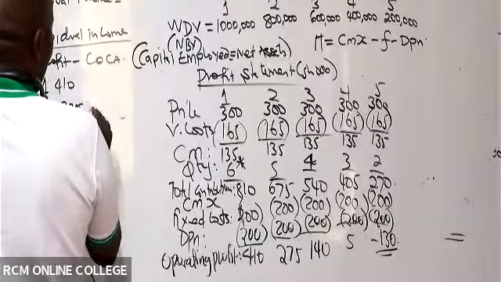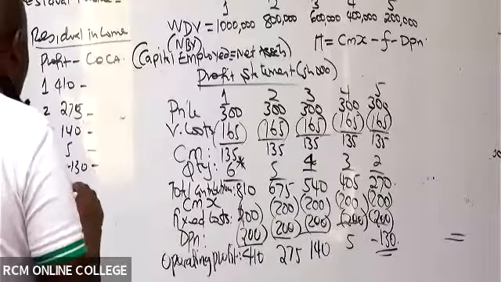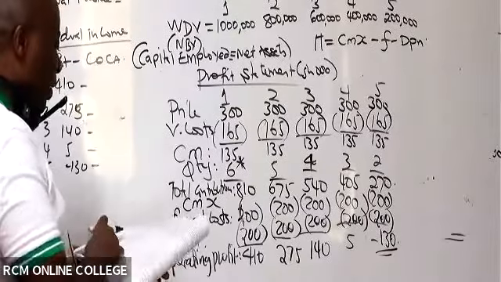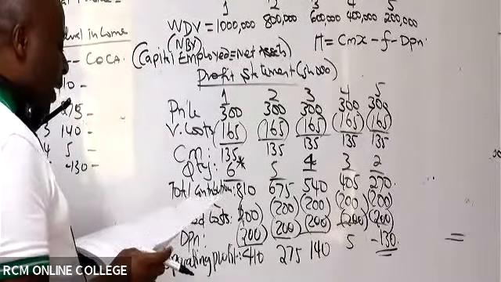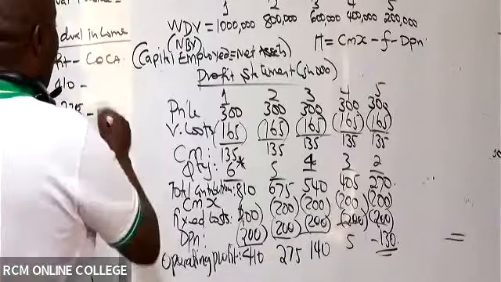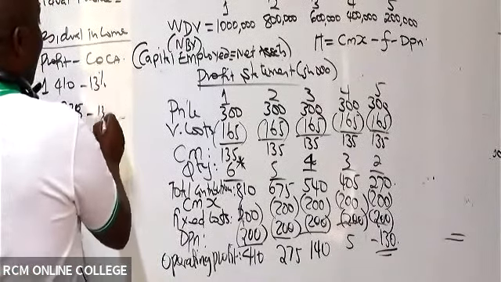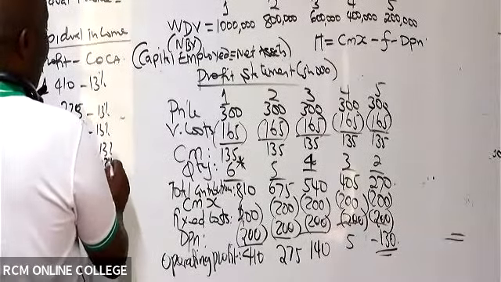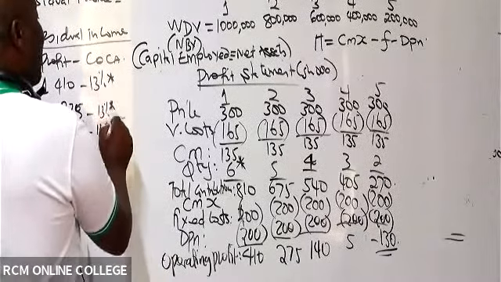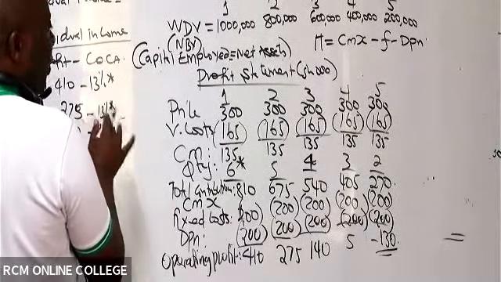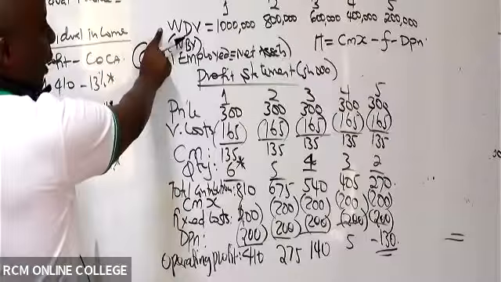The cost of capital given in this question is 13% of what was invested at the beginning of every year. That will be these written down values.